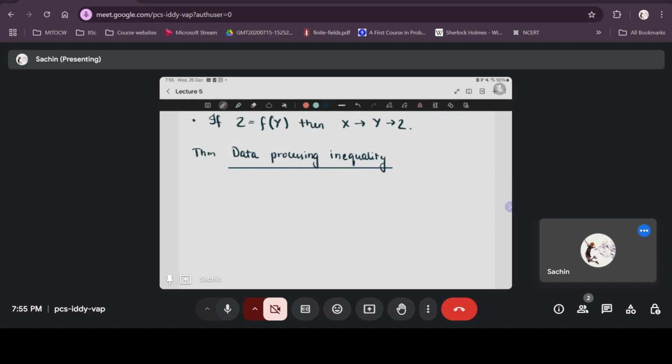So observing random variable y is the best you can do. Further processing of y will not give you any more information than directly observing y.